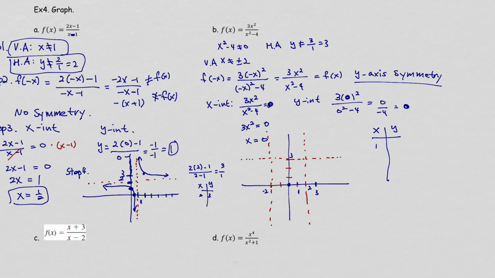When x is 1, let's see what I get. Replacing x equals 1, this gives you 3 over negative 3, which is negative 1. When x is 3, I get 27 over 5, which is 5 2/5.